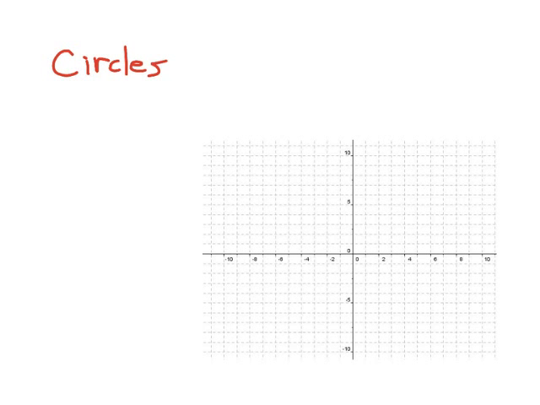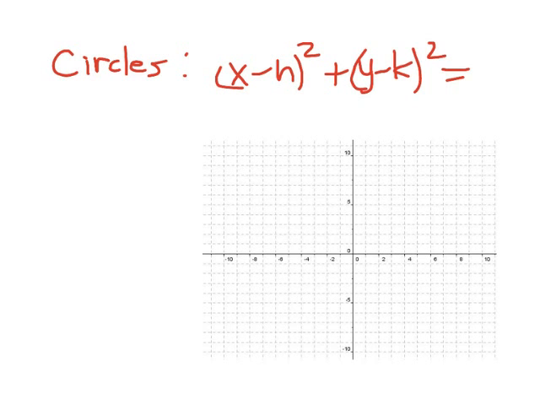A circle comes from an equation that looks like this: (x − h)² + (y − k)² = r². If you think about that for a minute, that looks an awful lot like the distance formula. R squared, think of r as being the distance, so you've got distance squared.